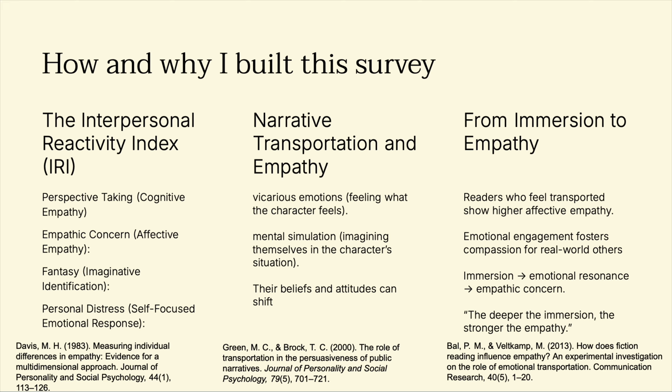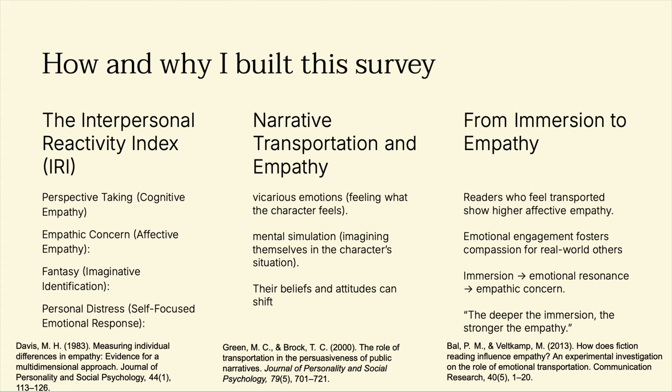Empathetic concern, or your affective empathy, are feelings of sympathy and compassion for others in distress. An example could be feeling worried or sad when Nora faces danger or uncertainty. Then we have fantasy, or imaginative identification, the tendency to project yourself into a fictional situation.